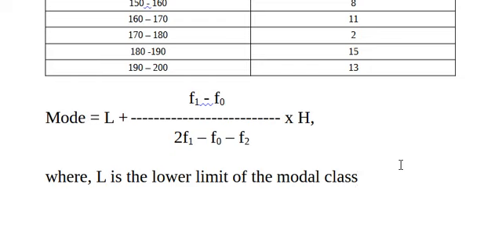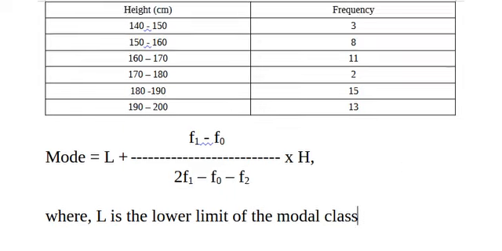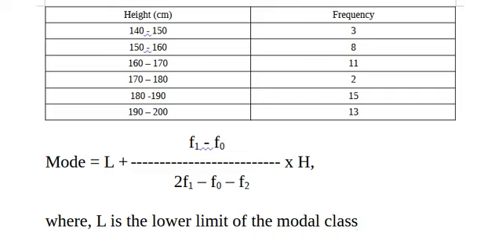Now, what will be the modal class? From this data, the class which has the highest frequency will be the modal class. So here I can see the highest frequency is 15.